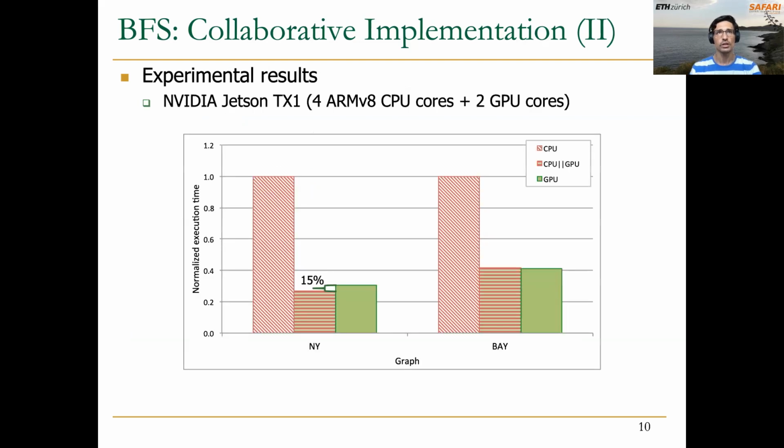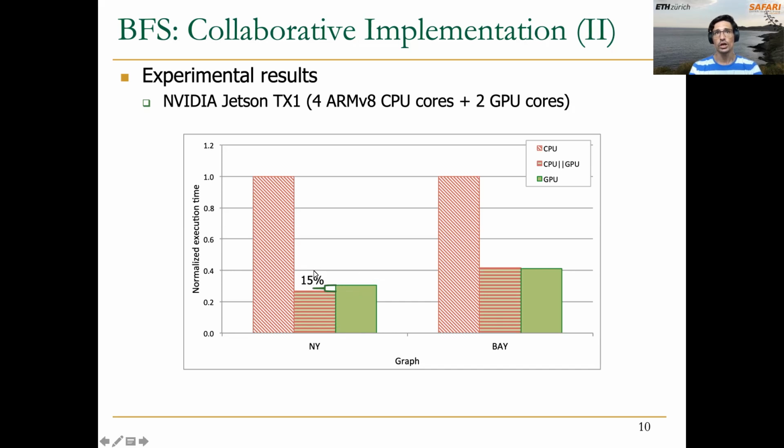And here you can see, remind this slide where we see what are the final results for two different graphs. Here we normalize the execution time to the execution time of the CPU only version, and we compare the execution time of the collaborative CPU or GPU version and the GPU only version.